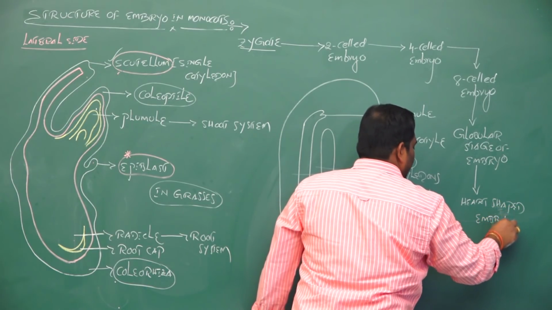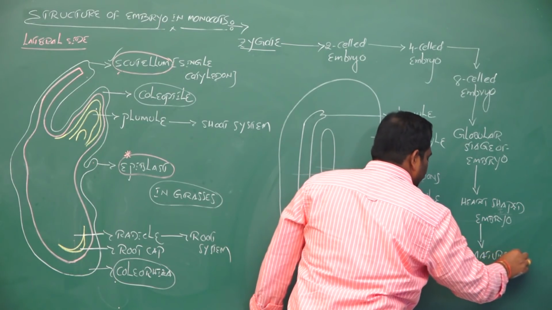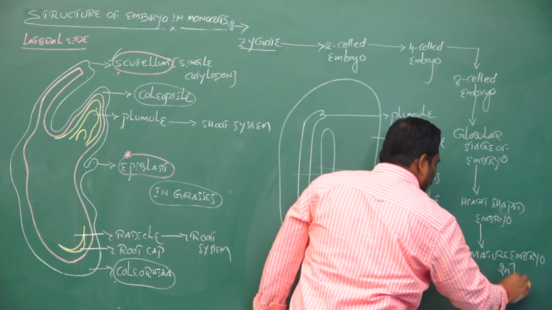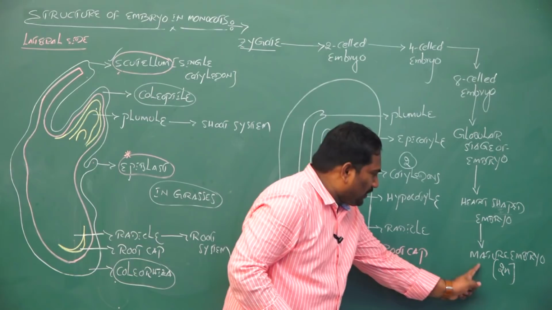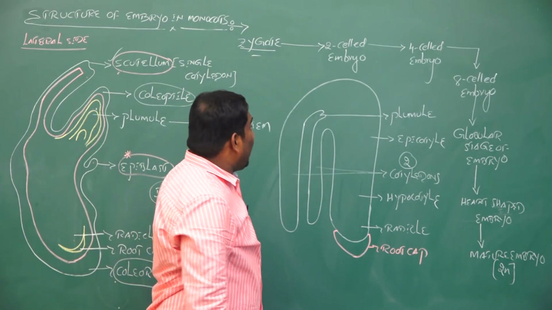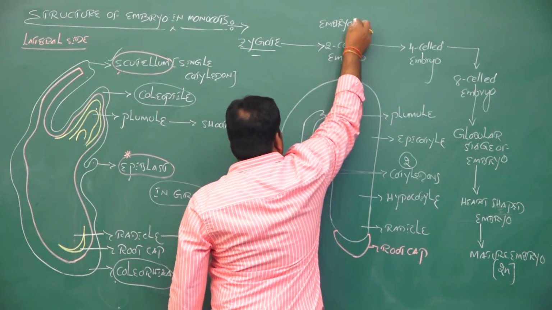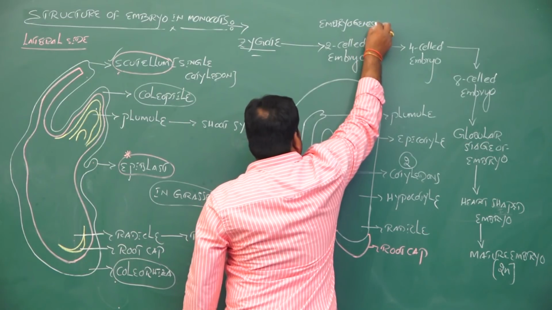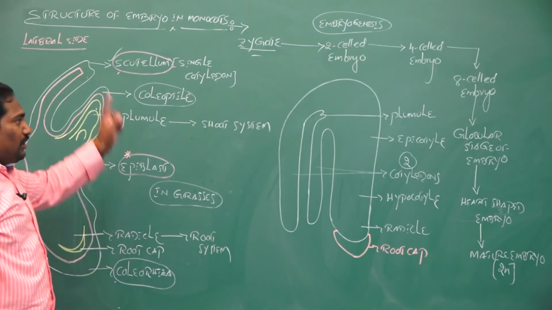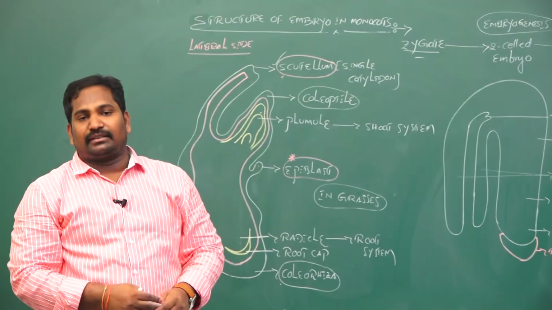Then the heart-shaped embryo differentiates to form the mature embryo. The embryo is diploid. The formation of a diploid mature embryo from a diploid zygote by mitotic cell division and cell differentiation is called embryogenesis. The process of embryogenesis is more or less the same in dicotyledon and monocotyledon embryo development. These are the characteristic features.